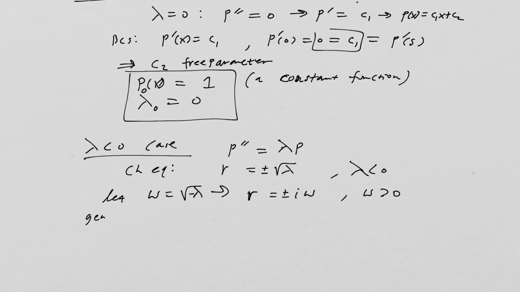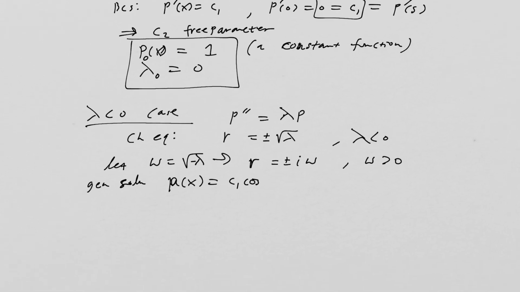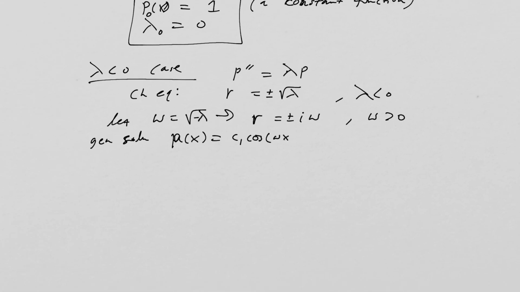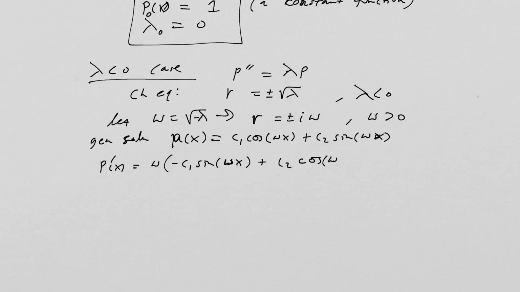In which case we're going to get our general solution, P of x is equal to C1 cosine omega x plus C2 sine omega x. So P prime of x is going to be, of course, equal to omega, that comes from the chain rule, times negative C1 sine omega x plus C2 cosine omega x.